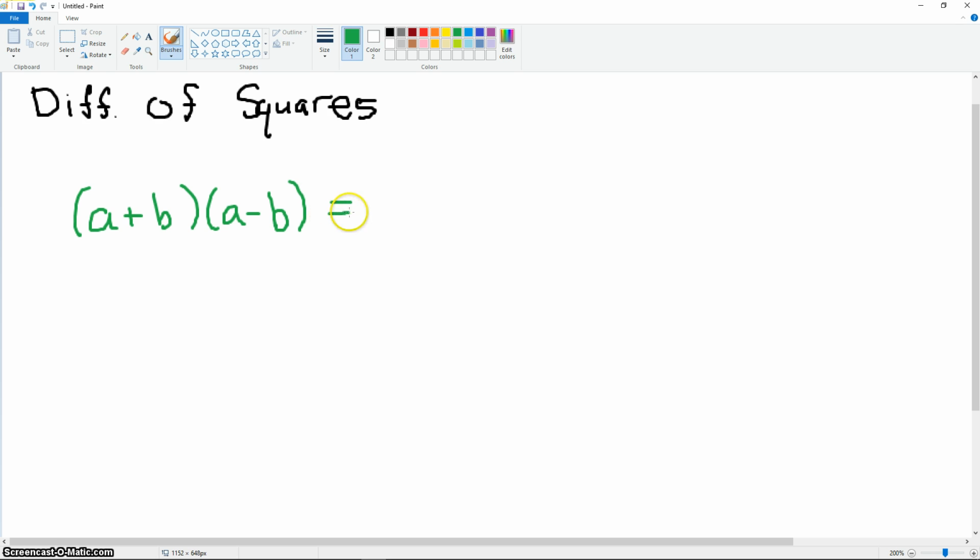That pattern says that if you have something that's the same, the only difference is that one binomial has a plus sign and the other binomial has a minus sign. Well, if you have this difference of squares, then that is the same thing as a squared minus b squared.